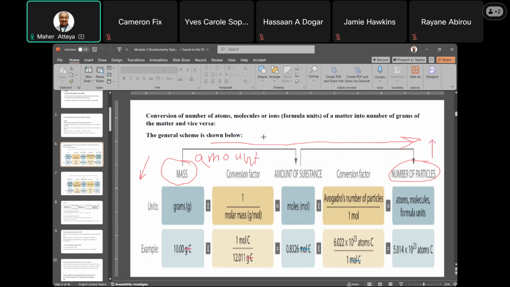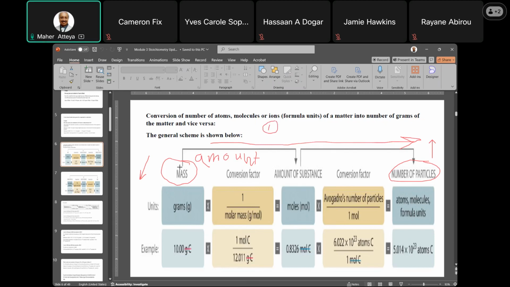So how to relate the mass of a particle and get out of this the number of particles, molecules, atoms, or ions? Well, the first step here, you have to divide. Two steps, we say.